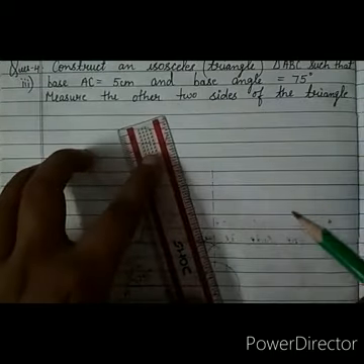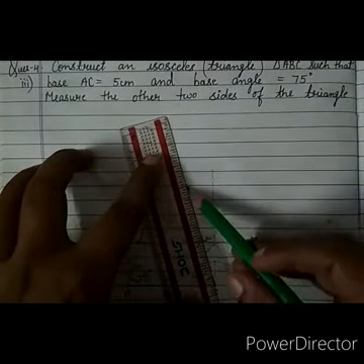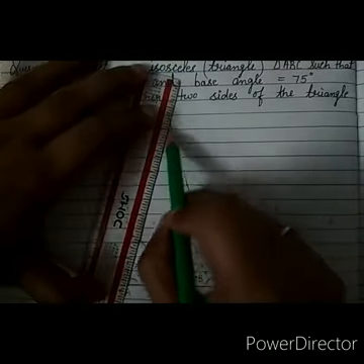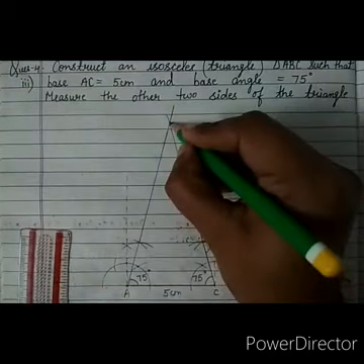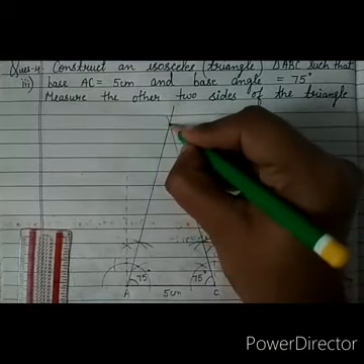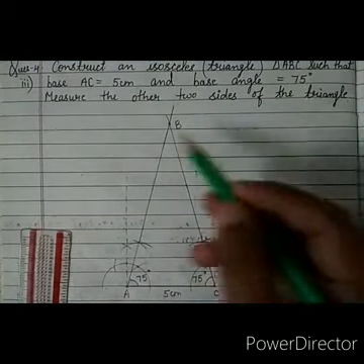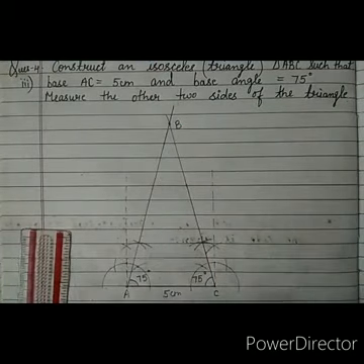In this way we have to produce it. So here we get the point of intersection of these two arms. Take this point of intersection as B. Now this is the required triangle ABC.